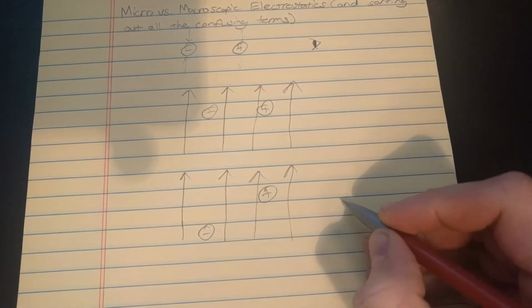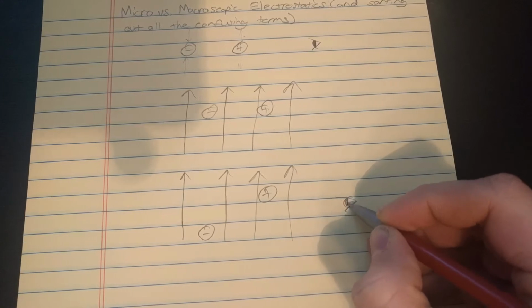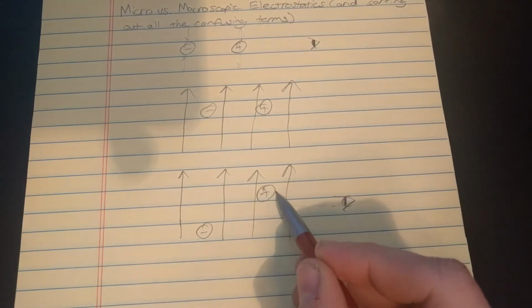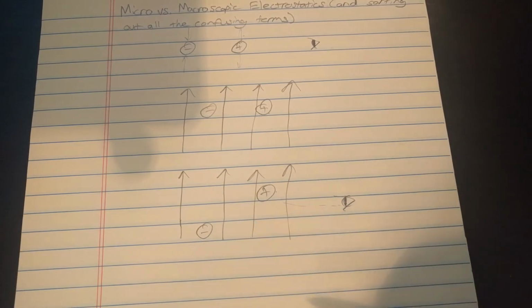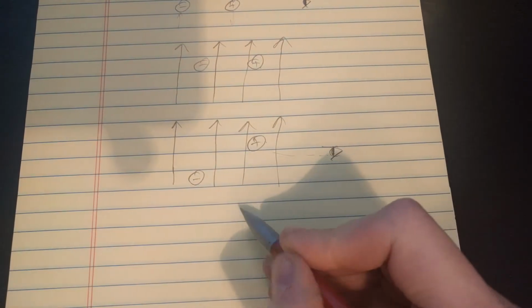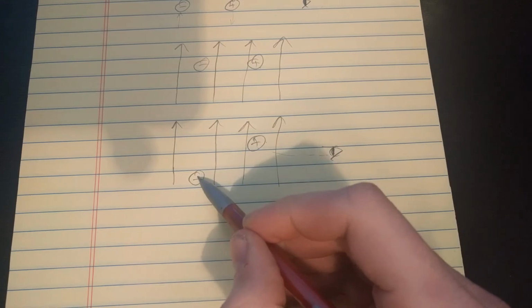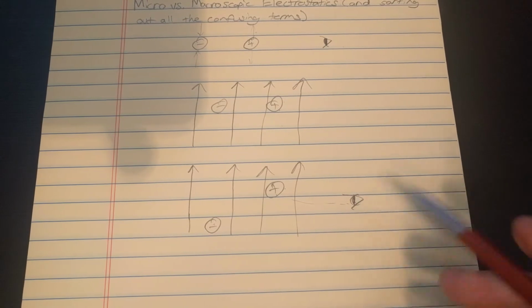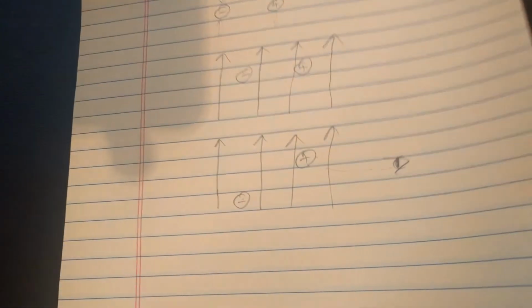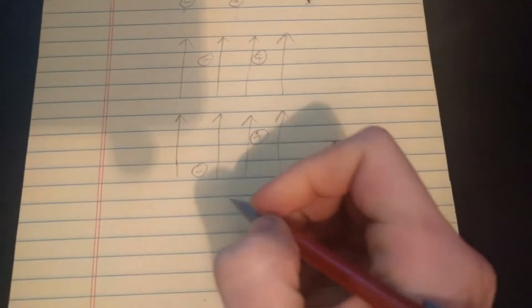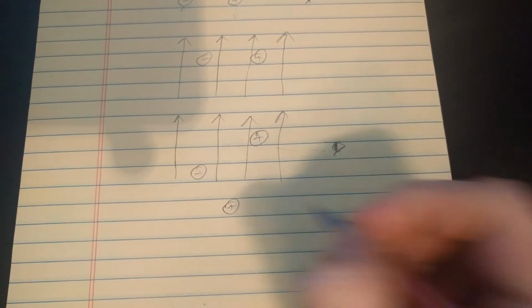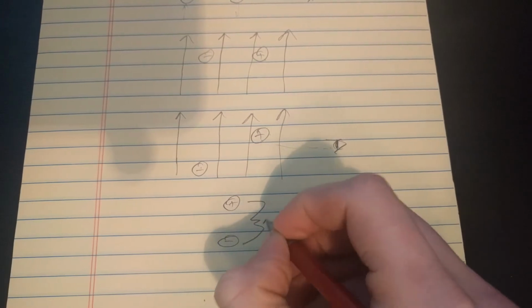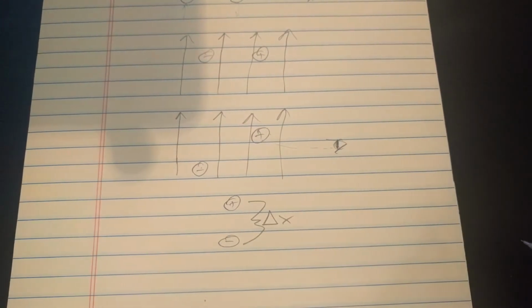And remember, your eye is still here. You're still looking at this from right here. Now you can see a positive charge above a negative charge. So let's redraw this as if we are actually viewing from that eye, turning the paper 90 degrees. What we're going to see is a positive charge above a negative charge, separated by a distance delta x.